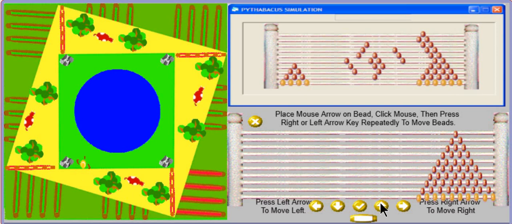There's one more plot of land to go and check on. And there is the fourth plot of land.